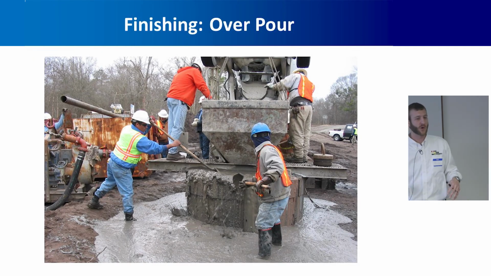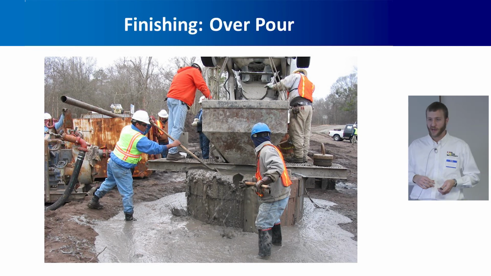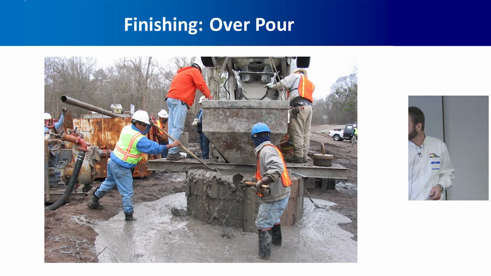And so, like I said, we're going to have some amount of contaminated concrete that rises up on the top that we've got to get rid of. If you're just out on a ground site, a lot of the time what you'll do is just over pour like this. It doesn't really matter if the concrete goes everywhere, but obviously if you're working out over water, this becomes more difficult.